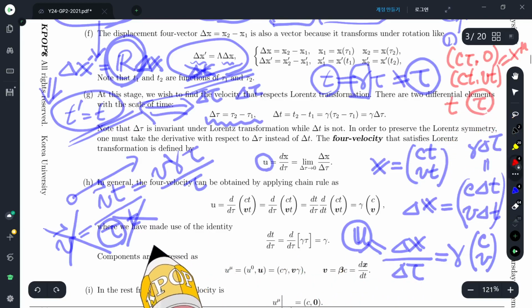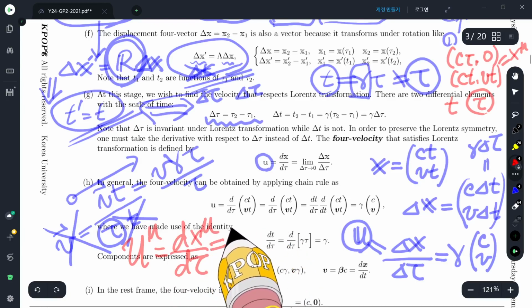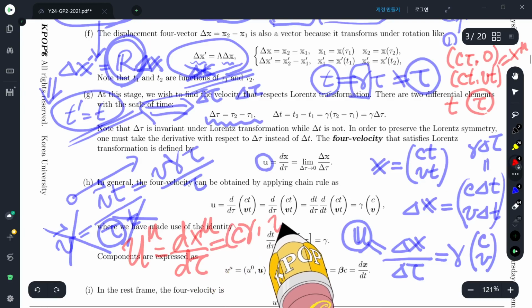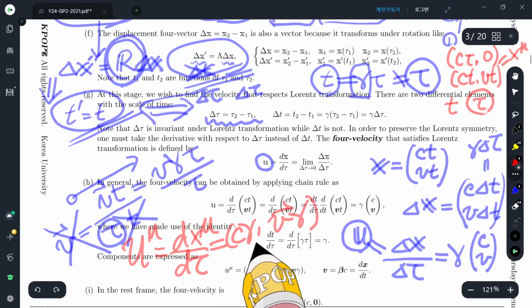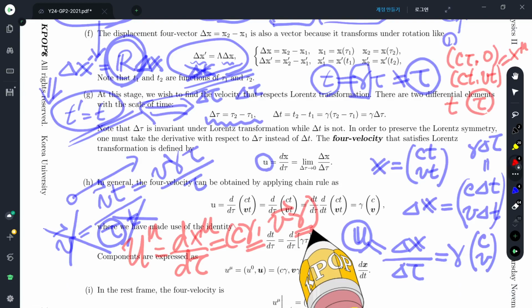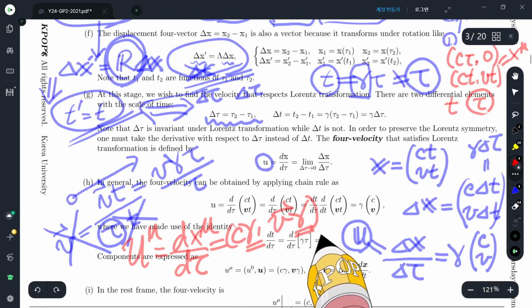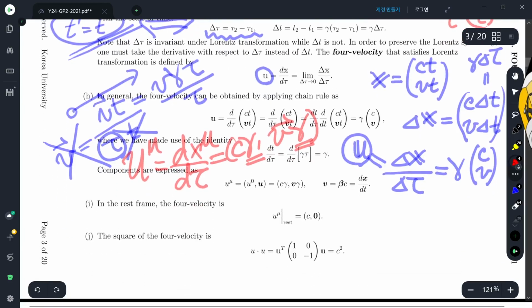Therefore, this u mu equals dx mu over d tau, and the final result is c gamma, v gamma. This additional factor, the Lorentz factor, makes this one to be a Lorentz covariant 4 vector that can be found by squaring this.